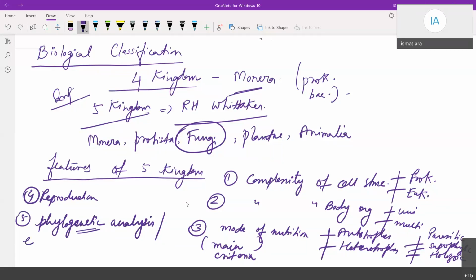That is called phylogenetic analysis, meaning evolutionary relationship of organisms. Okay. So these are the main five basic features of five kingdom classification. So let me tell you all the features in a comparative manner.